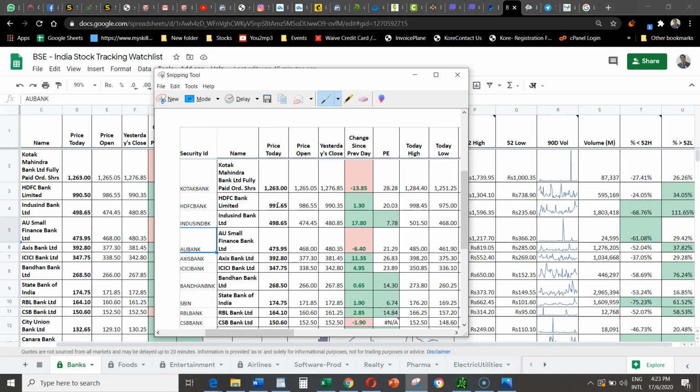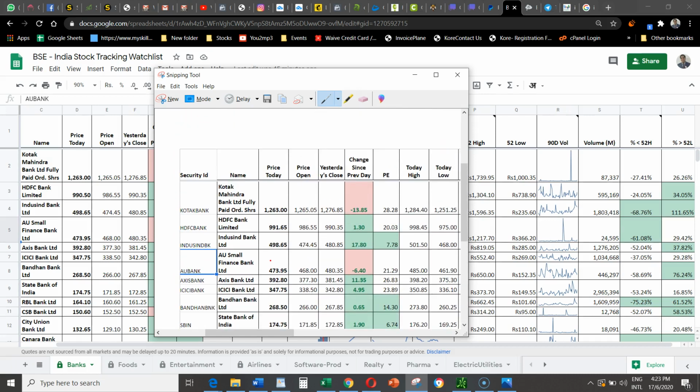The good thing here is whatever improvements I do in this sheet, you will automatically get it, because this is a Google sheet, so I'm going to share it with you. And once I update something, it will also update for you. And you noticed that we didn't even need to click refresh for the price to change, right?